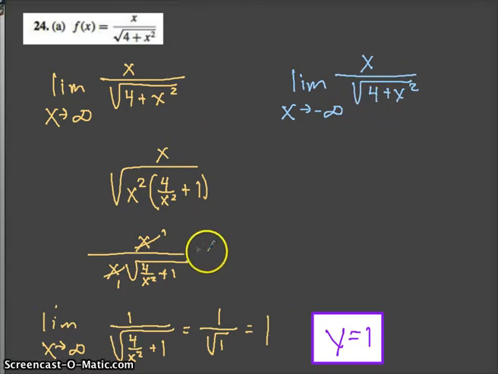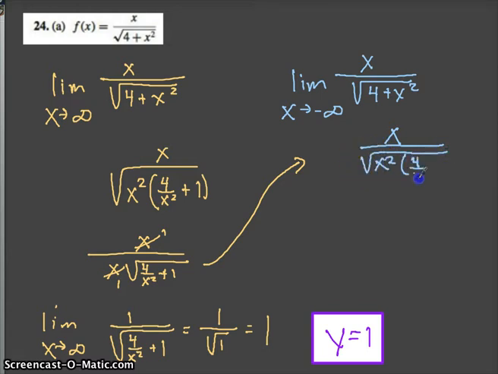We're going to do the same thing, but we want to be really careful at this point, because when I take an x squared out, we're trying to find out what happens as x approaches negative infinity, which means x is a negative number.